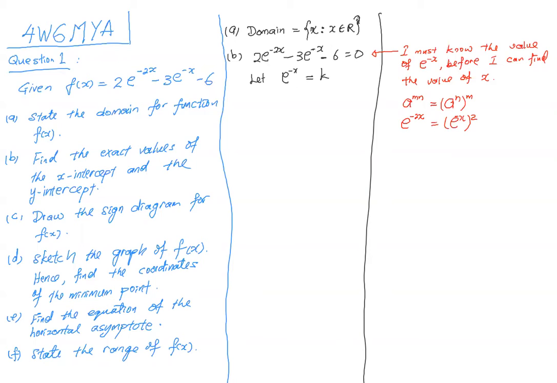Can or not? So I have 2e to the power negative 2x, take away 3e to the power negative x, minus 6 equal to 0. This is a skill every one of us must learn. So I replace my e to the power negative x with k.